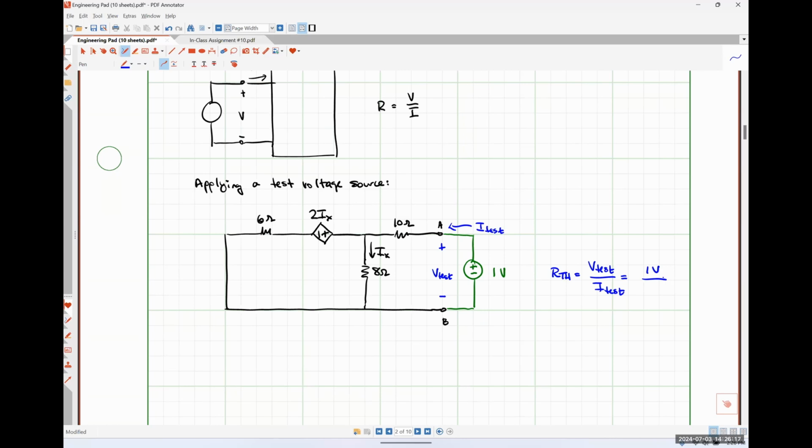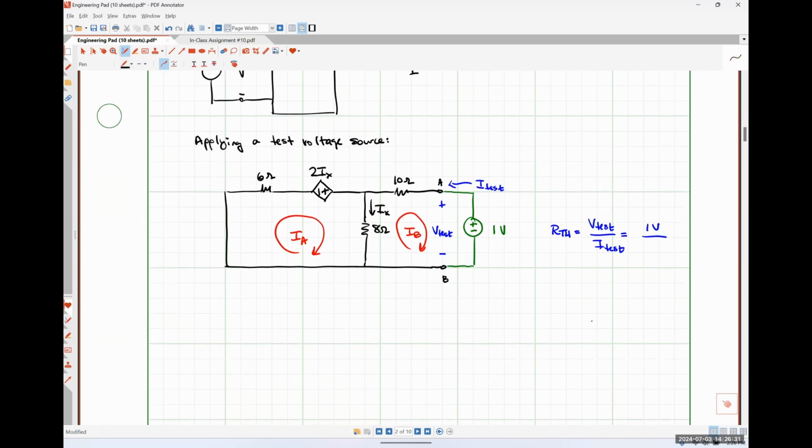Mesh. Mesh, sure, why not? So let's call this current IA, this current IB, and I did it again. Our controlling variable IX is just going to be IA minus IB.